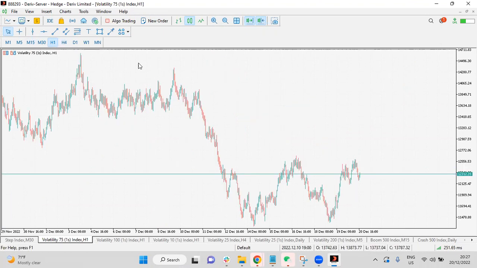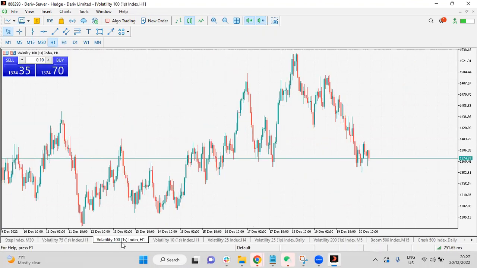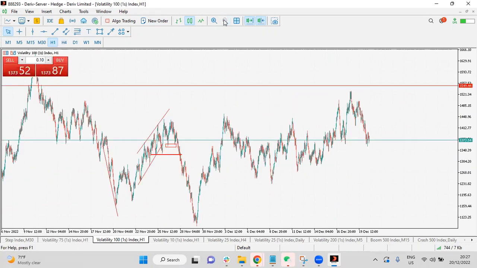So you can see these patterns as you look through. When you zoom in, you'll find these patterns hidden. It may not be visible in one time frame, but it's visible on another.